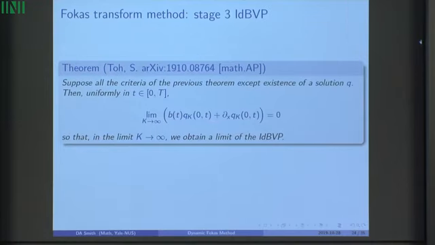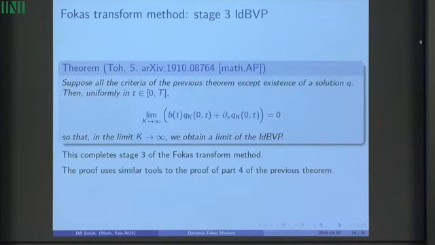So we really do have a solution of the initial dynamic boundary value problem, and it is being approximated in the right kind of way. So that's stage 3. And I won't go into the proof of that because it uses some pretty similar techniques to the proof I just sketched. You just have to start it in a slightly different way.